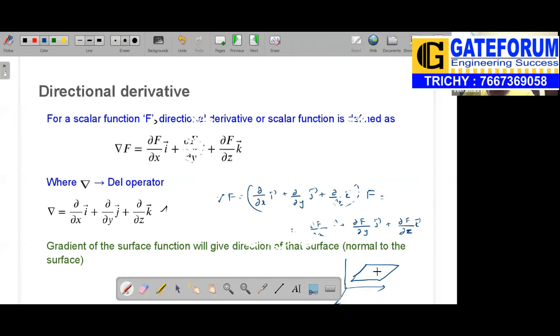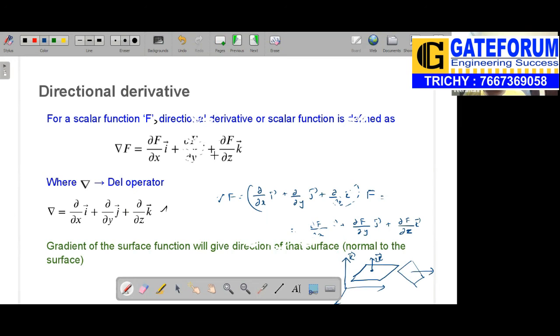Okay, so if you take the directional derivative of this, for example at this point, this will represent the direction of the function. So what is the direction of this area? The direction of the area is nothing but like this. So you will get something, if it is a k vector you will get k vector, some 2 into k vector, something you will get. Okay, if you take a surface function like this, you will get this kind of vector.